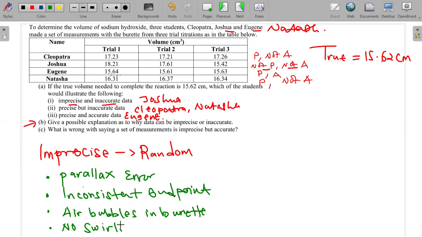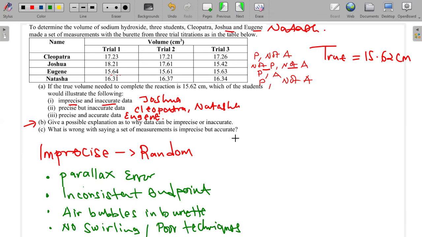Okay, so swirling is simply mixing whatever you've put maybe in a conical flask. So you are just shaking the conical flask in a circular manner. So not enough swirling for whatever is there to actually mix completely can be a cause of the random errors. So this one, we consider it under poor techniques. Okay, under poor techniques like that.